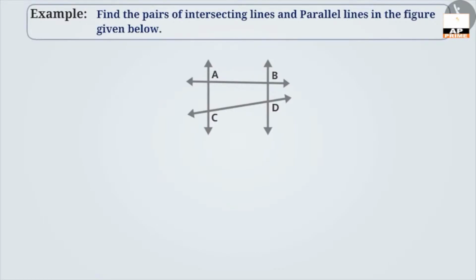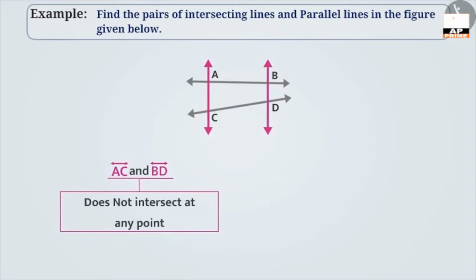As we can see, the lines AC and BD do not intersect each other at any point. Even if we extend both the lines AC and BD, they will never intersect. Hence, the lines AC and BD are parallel lines. Apart from these, there are no two lines in the given figure which are parallel lines.